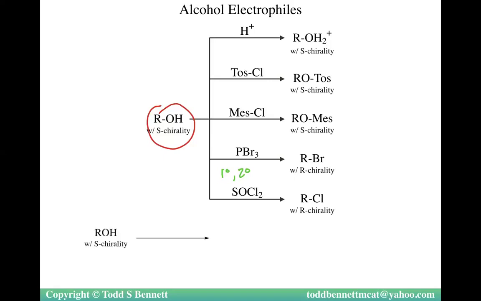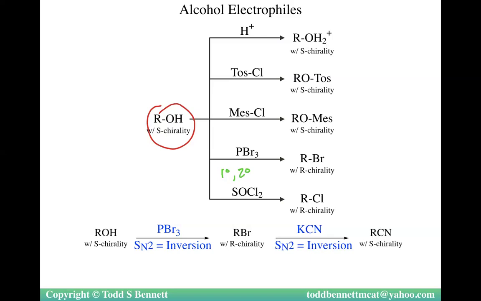Okay, so here's why I care about that. Let's say I started out with a secondary alcohol with S chirality. If I use PBr3, it's going to turn into an R alkyl bromide, just like it just did. And then if I add, let's say, a nucleophilic cyano group, CN minus is going to attack it and again go by SN2. So it's going to go back to an S compound.